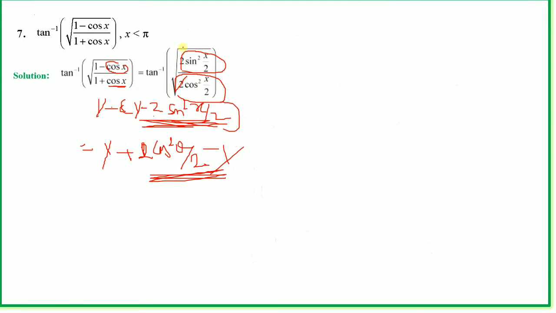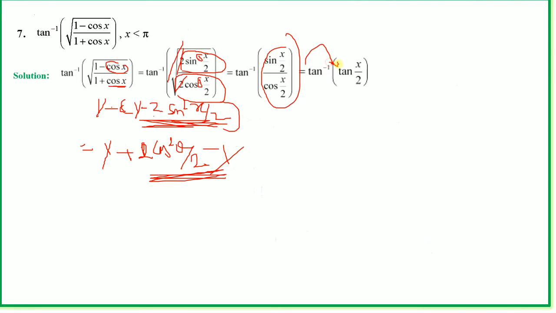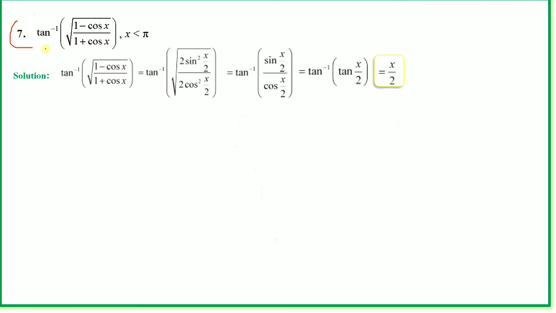Now 2 and 2 cancel, and sin upon cos gives tan square x by 2. So square and square root will cancel. Then sin x by 2 upon cos x by 2 is nothing but tan inverse of tan x by 2, and then tan and tan inverse removed. So we have simply x by 2. That is called the simplest form of this question number 7.